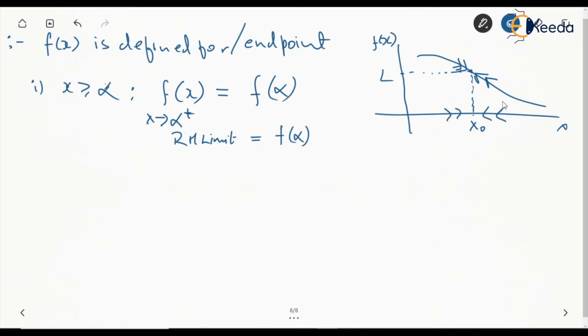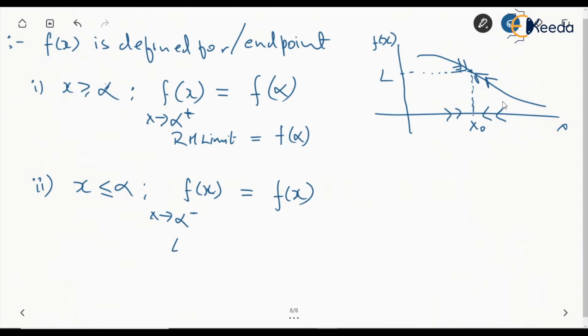And what if the function is defined for, let's say, x less than or equal to alpha? That means it is not defined for values greater than alpha. In that case, we'll have to check the left hand limit, x tends to alpha minus, and this should be equal to f of alpha.